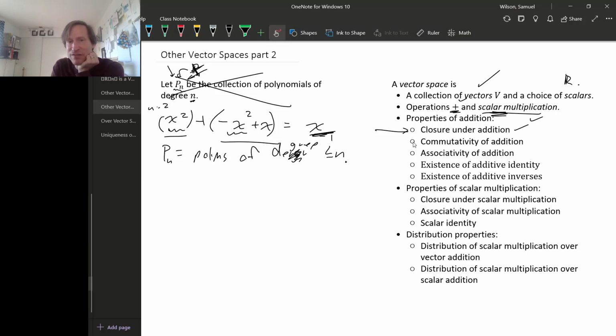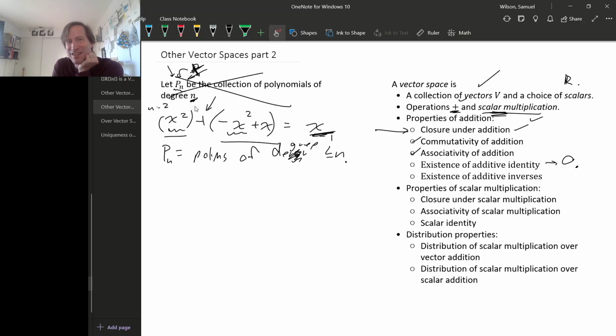So commutativity of addition. Well, addition of polynomials is built out of real addition, and that's already commutative and associative. Is there an additive identity polynomial? Yes, just the zero polynomial. This is another reason why we can't take just polynomials of degree n.